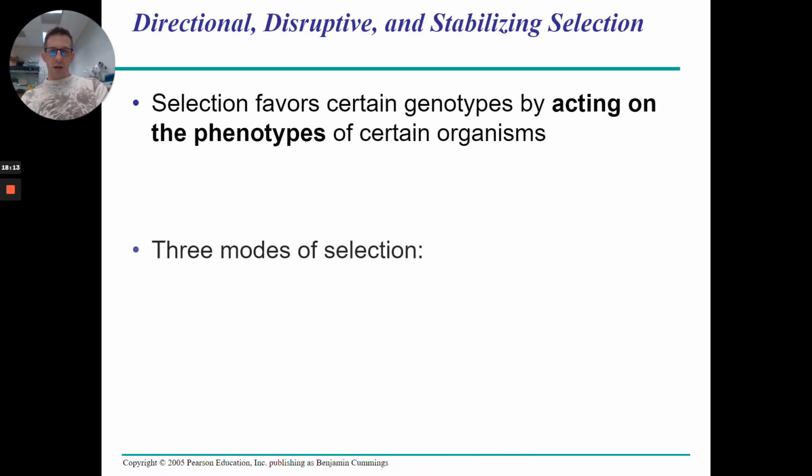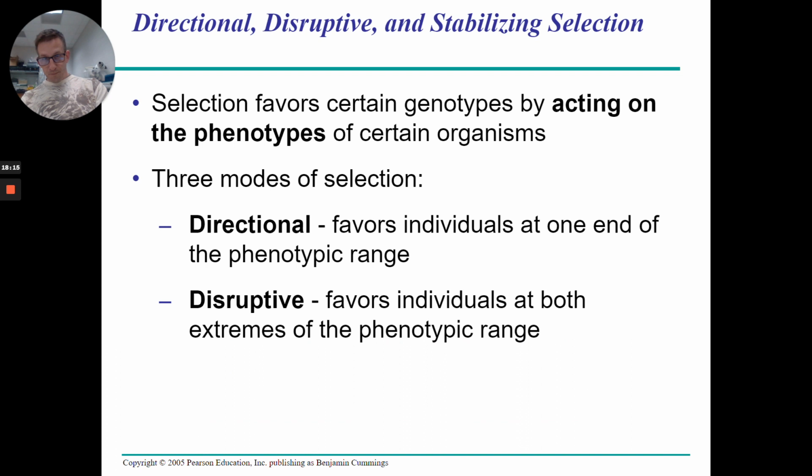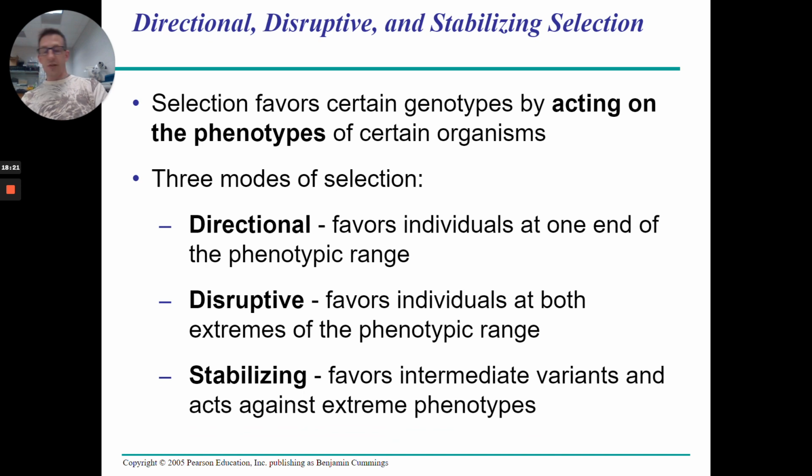Now we can see selection happen in a couple of different ways. There are three modes of selection listed up on the screen, and selection favors certain genotypes by acting on phenotypes of certain organisms. This is something I stated at the beginning of this lecture, and here it is finally pointed out.